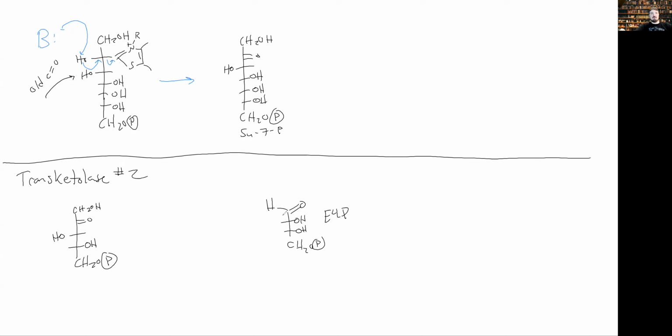I'm just going to work. So here we have our ylid TPP. There's that pair. We're going to attack it. Hydrogen up. We now have our TPP adduct. There's our OH. We went left, right.